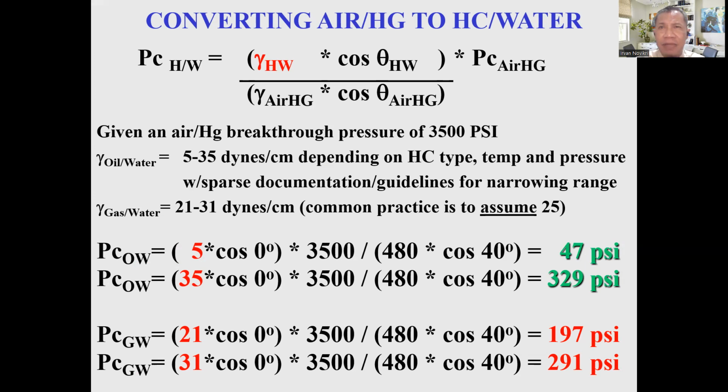All of this is a simple equation for calculating the breakthrough pressure. It also mentions the range of gamma oil-water and gamma gas-water values, which depend on factors like hydrocarbon type, temperature, and pressure. It provides examples of calculating the PC oil-water or PC gas-water using specific values.